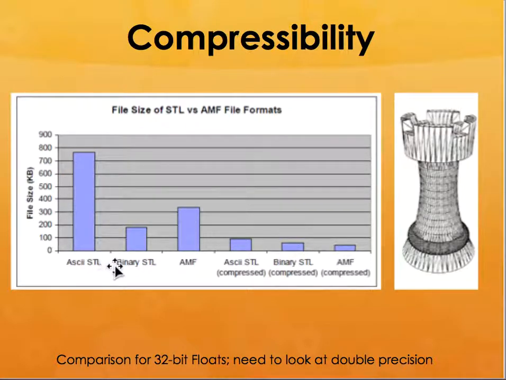If it were binary STL, then it is 200 kilobytes. Then it is additive manufacturing format, then it is 300 kilobytes. But if you are making them compressed, or a zip file, you can see that it is about 25 kilobytes.